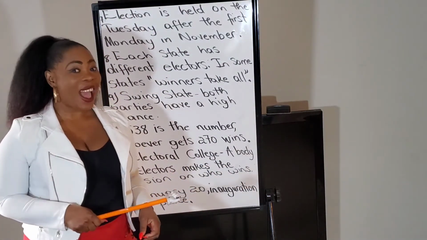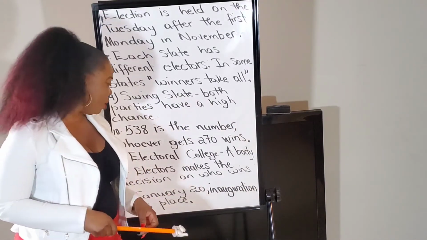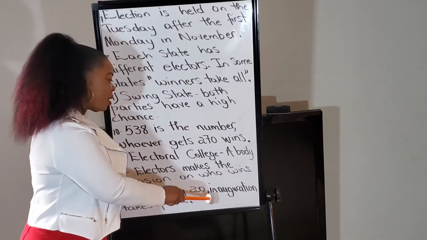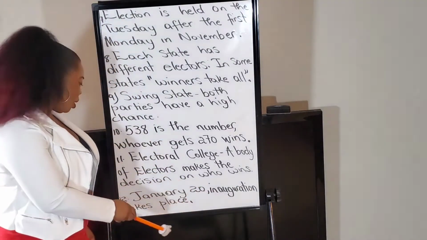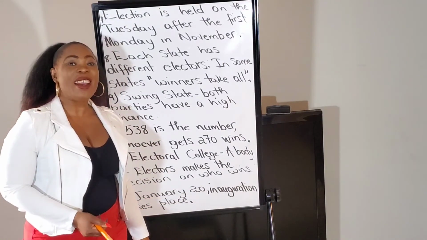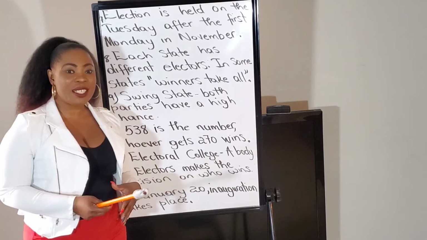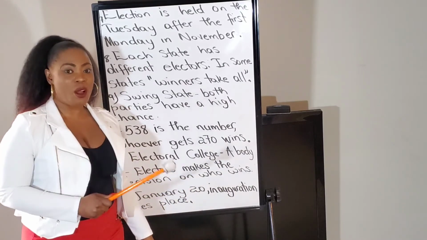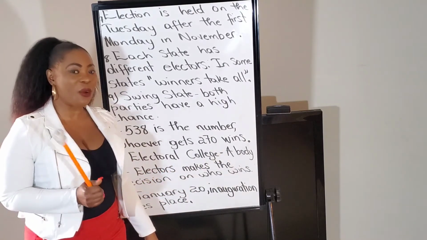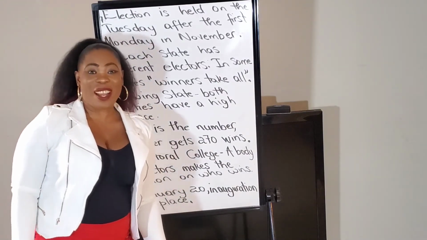Now, guys, after that big decision, then you have what is called an inauguration ceremony. The inauguration ceremony is like this big ceremony that officially states that you are the president for the next 4 years.